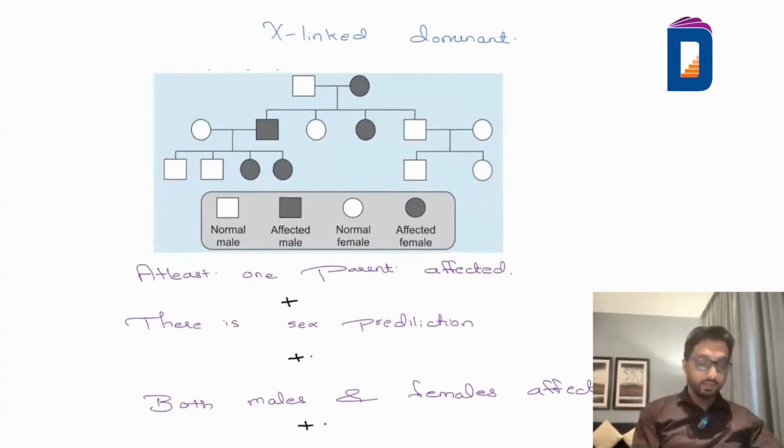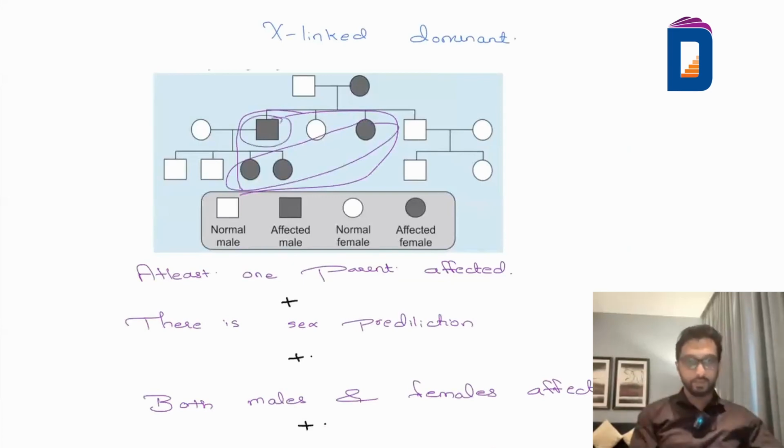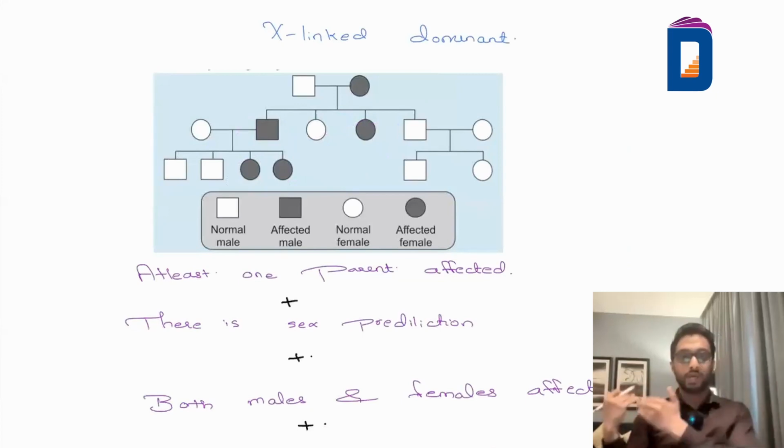You'll understand this better, don't worry. If you count and 3 females are affected, only 1 male is affected, then you will say it's a sex predilection. Instead, if you see 3 males and 3 females, you'll say there is no sex predilection. So it goes to the other category, which is autosomal.